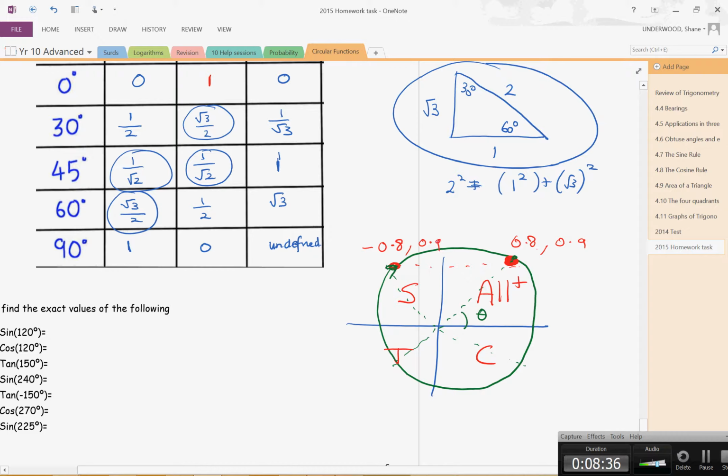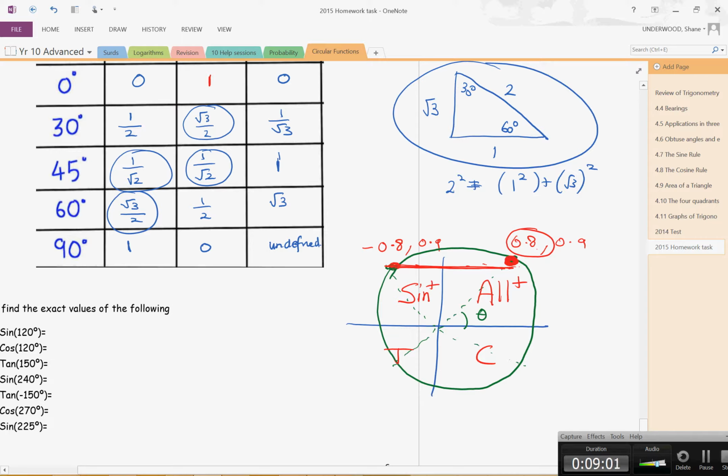It's also 0.9. Because you see there that they're both positive values of y, but what's happening to the x value? We've got a negative value over here, and that's why sine theta is positive in the second quadrant. So sine is the only thing that's positive.